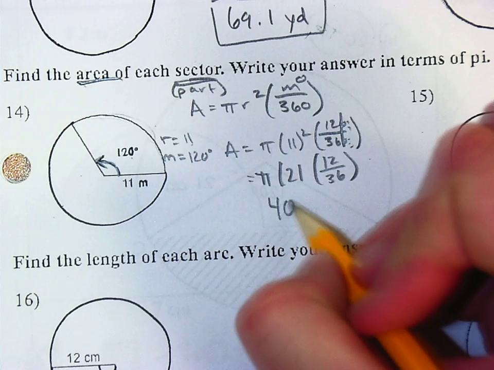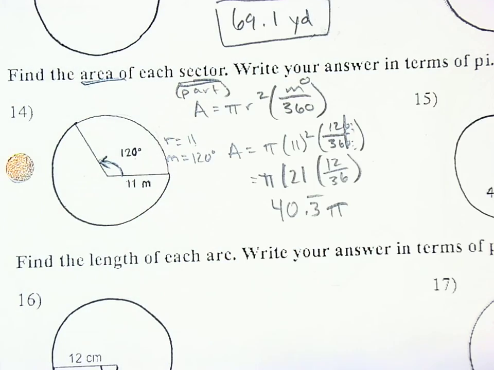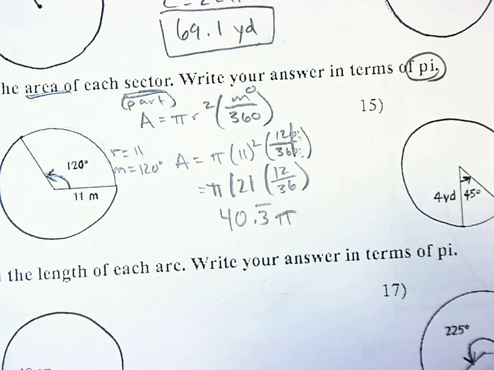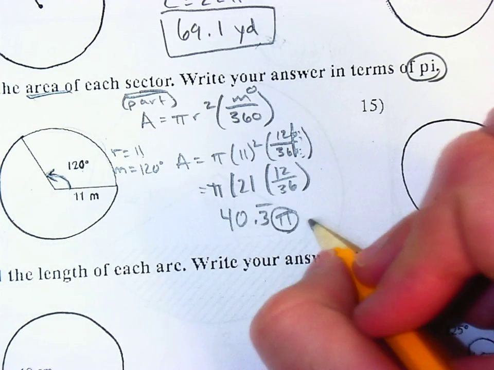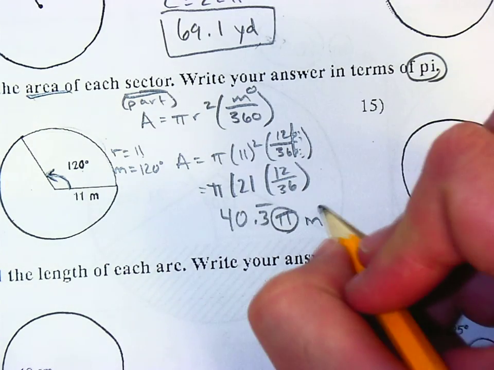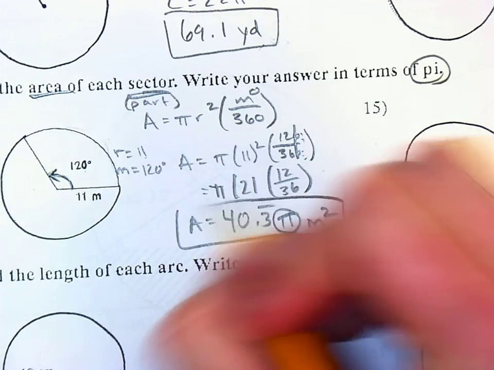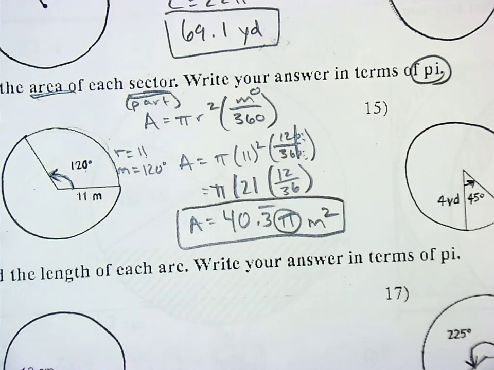So 40.3 repeating pi. And now they wanted our answer in terms of pi, so they want us to leave pi in there. That's going to be meters squared because that's area. Area is 40.3 repeating pi meters squared.